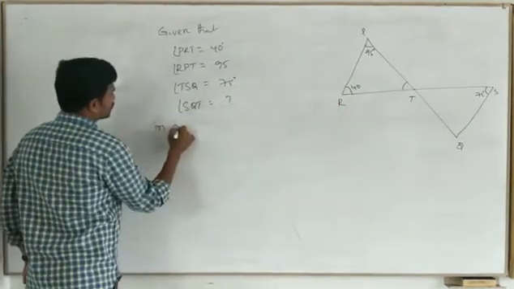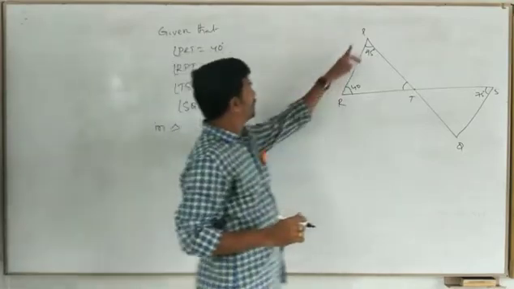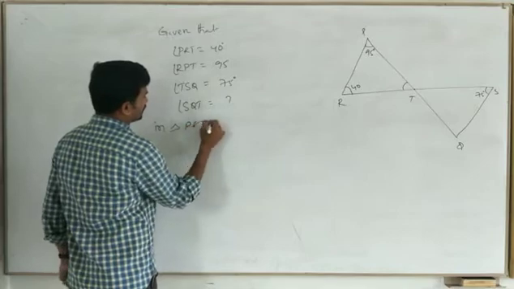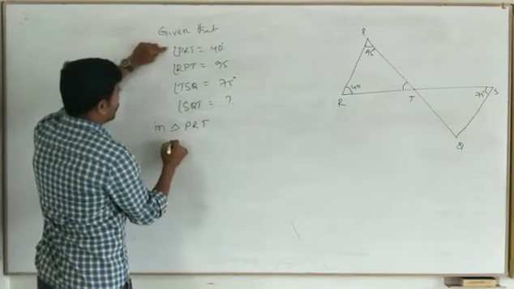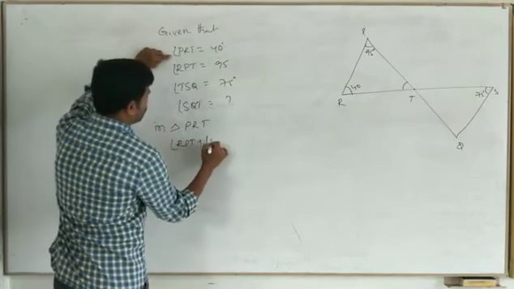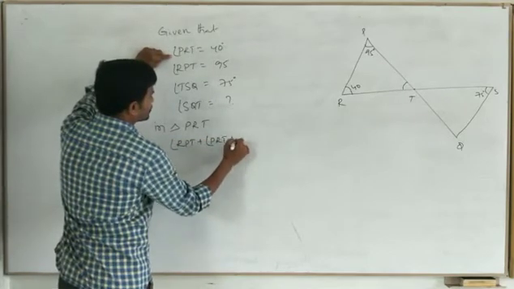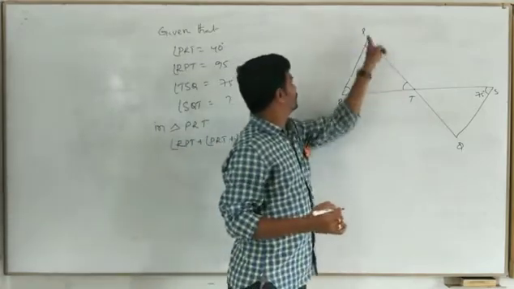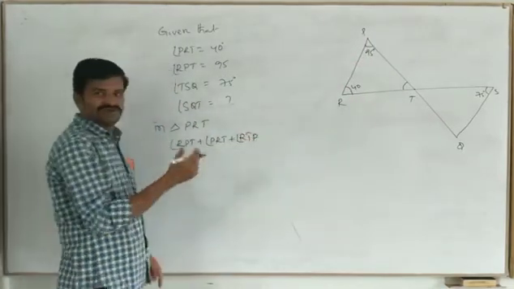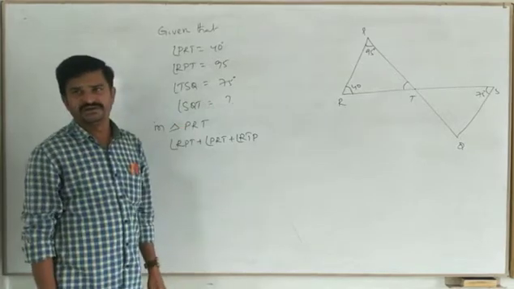In triangle PRT, angle RPT plus angle PRT plus angle RTP. Don't use three letters, it wastes time; you can use single letters.